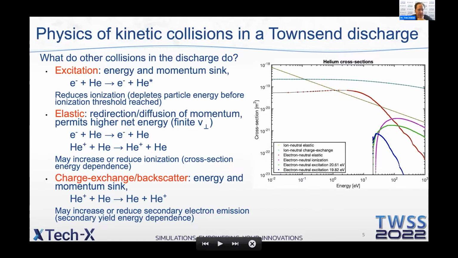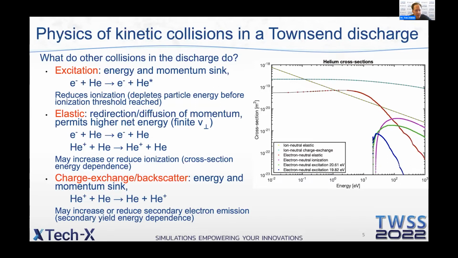We might also have elastic collisions, either of electrons or ions with the neutral gas. And this essentially is a redirection or a diffusion of the momentum. In an elastic collision, we don't lose energy, but we redistribute the momentum into other components perpendicular to the field. So we're able to get to a higher particle energy overall.